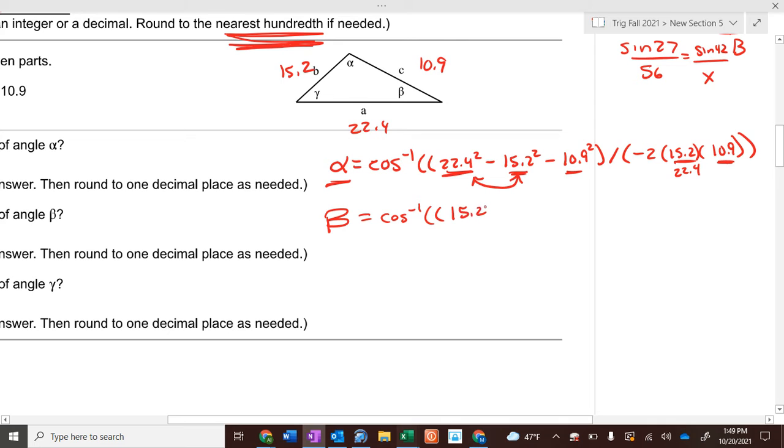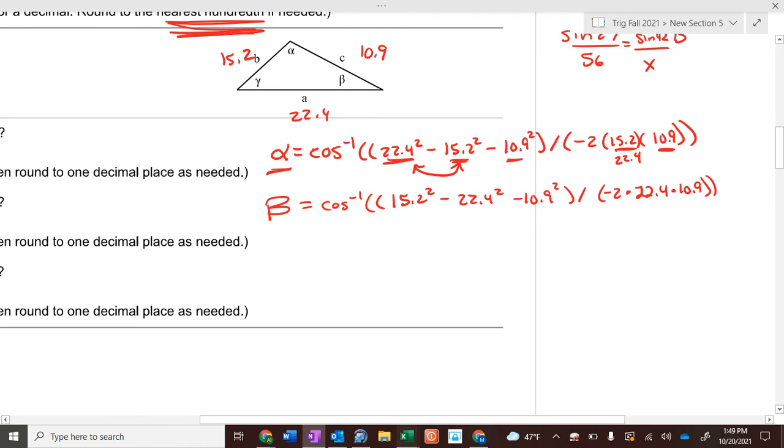So it's 15.2 squared minus 22.4 squared minus 10.9 squared divided by negative 2 times... There we go.